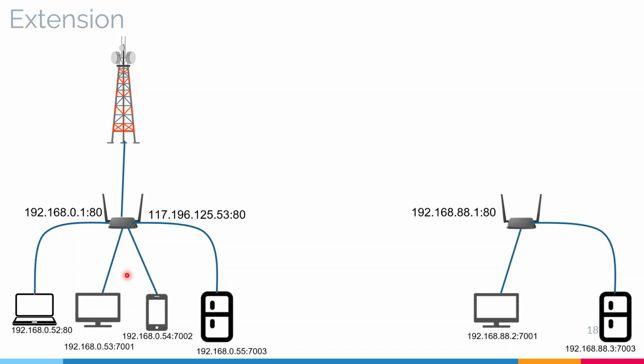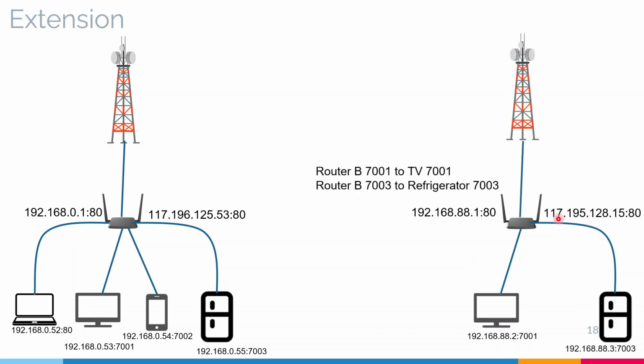So I eventually connect the second network to the ISP, and now this network also has a public IP. Now the other thing that I'll have to do is forward the port 7001 of the router to 7001 of the smart TV, and same for 7003 of the router, which will be forwarded to 7003 of the refrigerator.